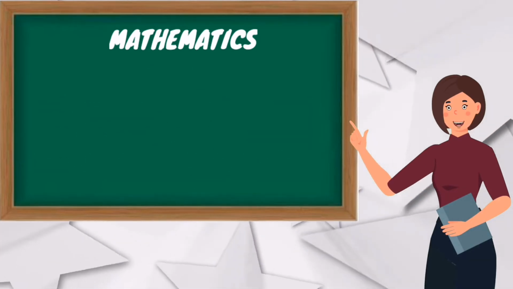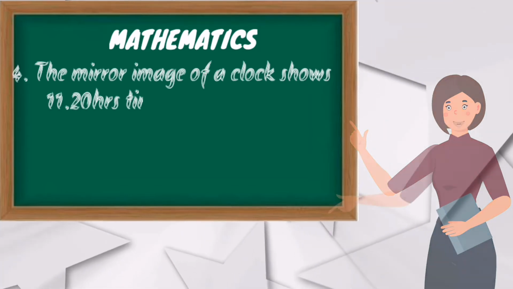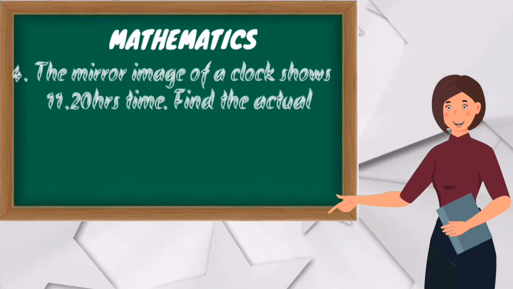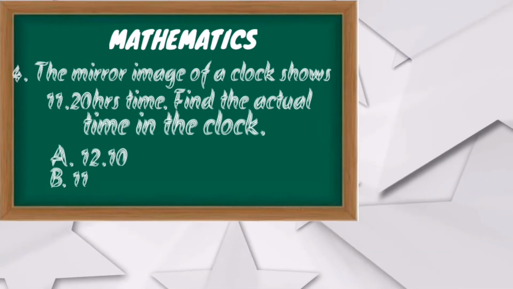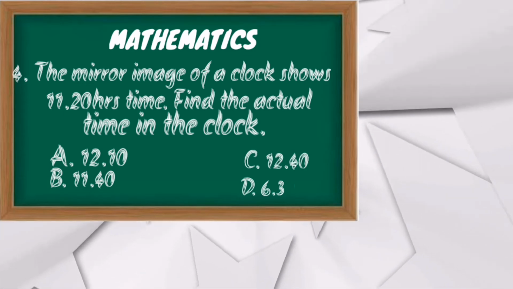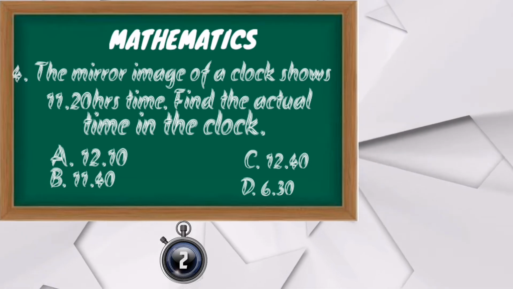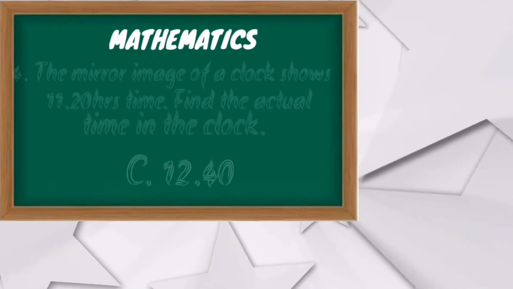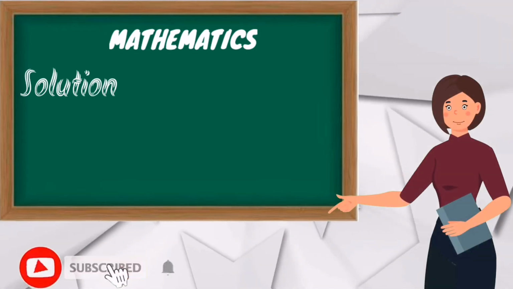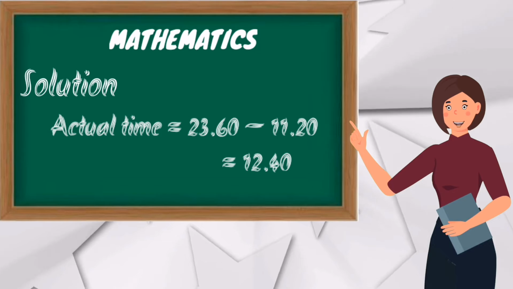Now let's see a question. The mirror image of a clock shows 11:20 hours time. Find the actual time on the clock. So here they have given the time in the mirror image as 11:20 and we have to calculate the actual time.